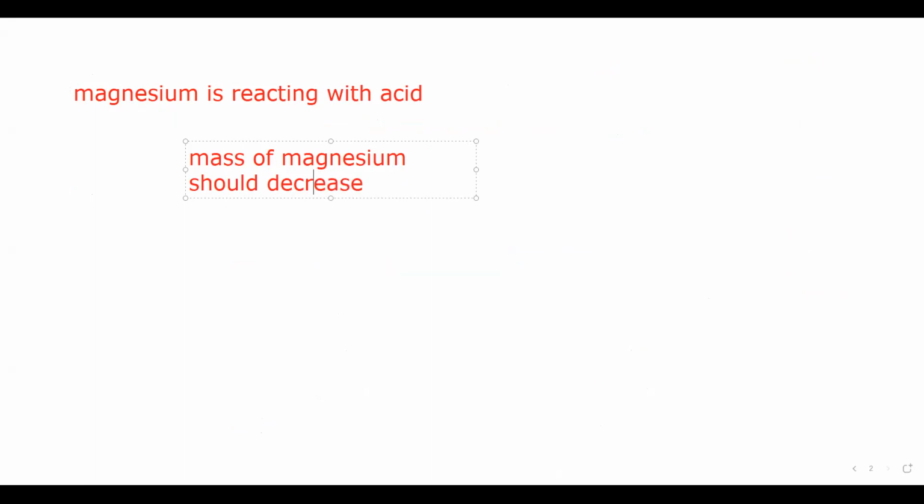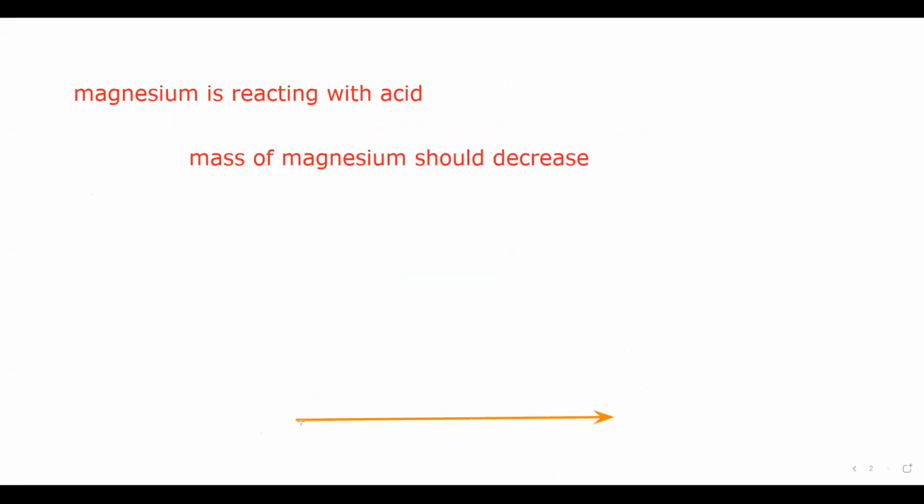So when we sketch a graph, how should the graph appear? In the beginning, we should have more magnesium, and with the passage of time, the mass of the magnesium should decrease. But they said we used two experiments.